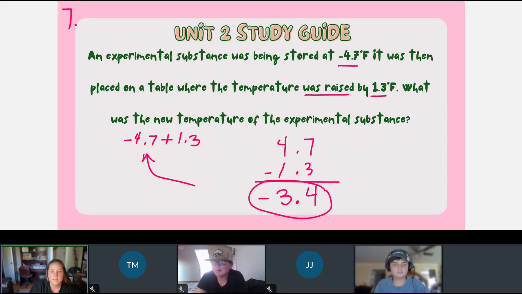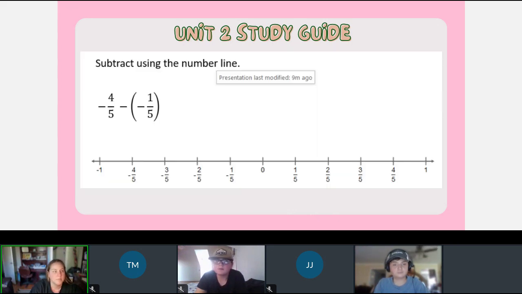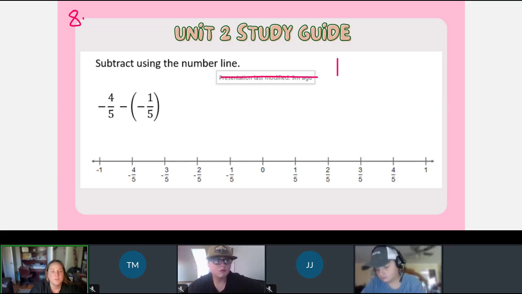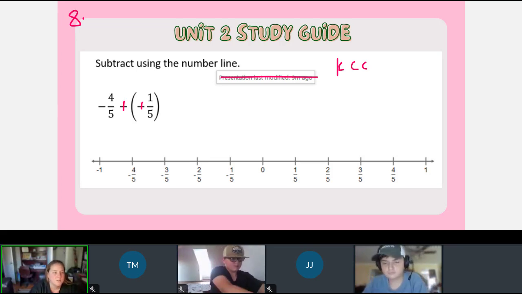All right, let's go to slide 14. This will be number 8. We got 3 more we're going to try to squeeze in here. Again, you can scratch that out on yours. We're going to use keep, change, change. We're going to keep negative 4/5, change to a plus, change to a positive. So let's plot our first number, which is negative 4/5.